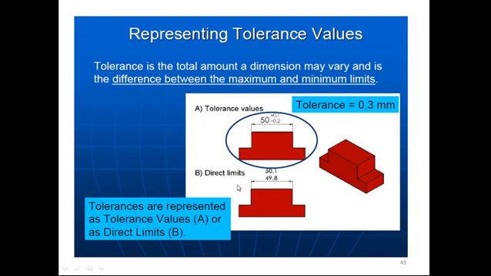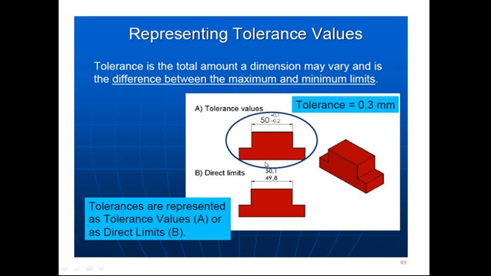Another way is how we show these direct limits. Plus 0.1 means 50.1 and minus 0.2 means 49.8. So friends, see here, the same example we have written in different ways.